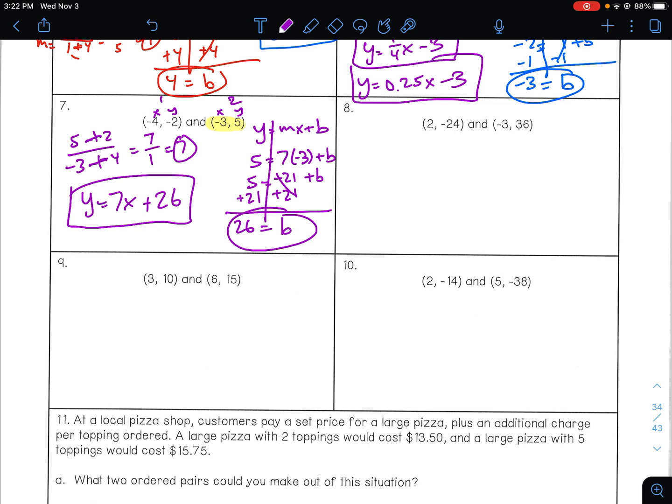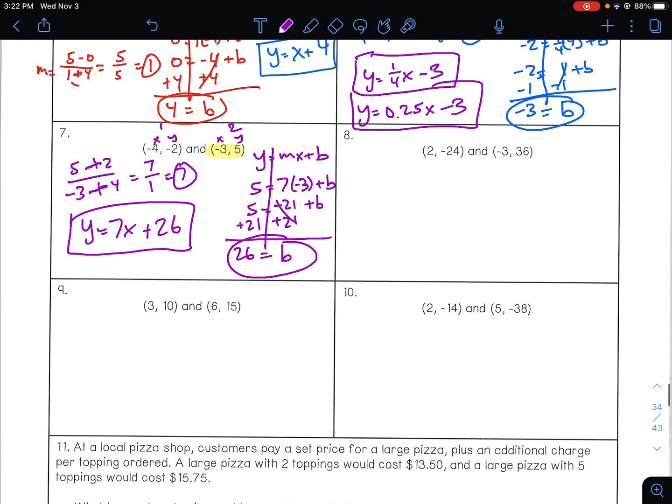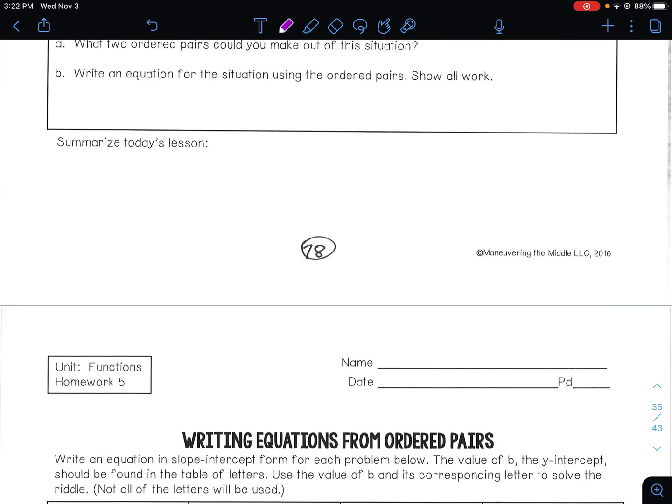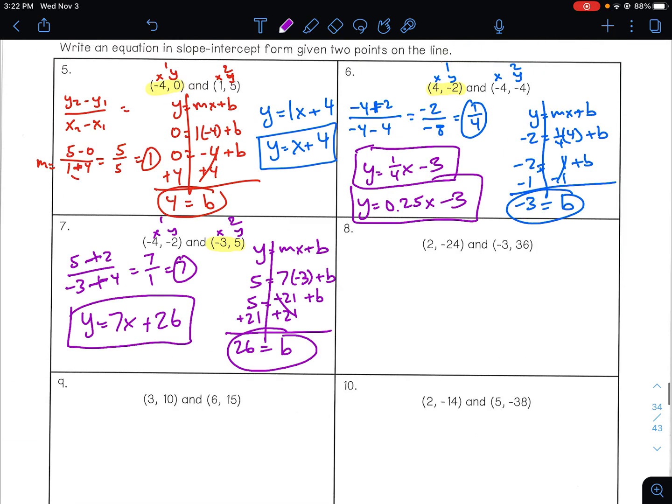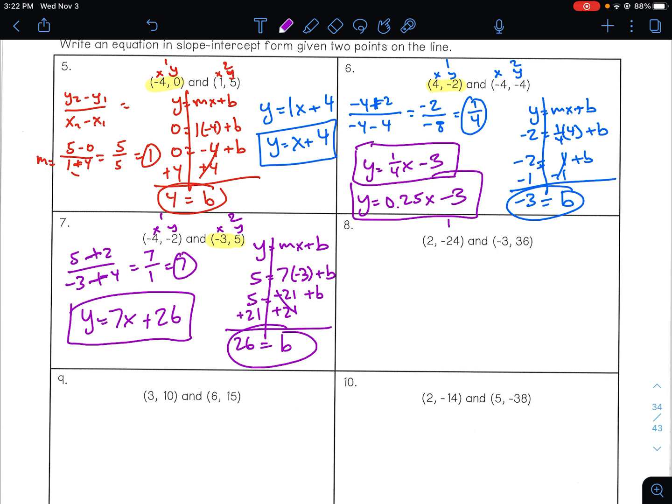All right, let's try the next one, number 8. So we have our 2 points. Let's call this point 1 and that point 2. That's x, y, x, and y.